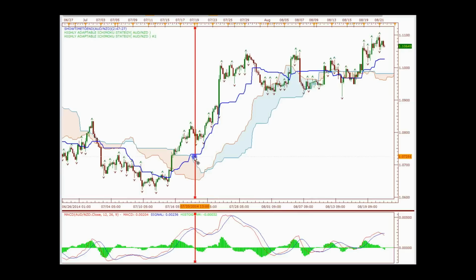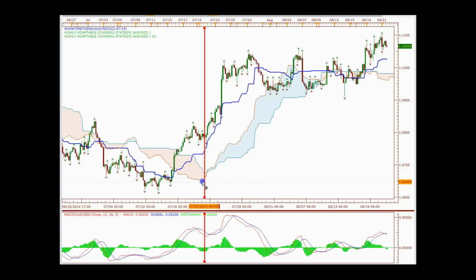We could go back here. This would be the overbought level. You can see MACD, then we get a little pullback, and then MACD is going way above the level here. Now MACD is starting to drop, and the market's still going up, and we could see it on the Ichimoku system. We're still going up. You still have your Kijun-sen pointing up.